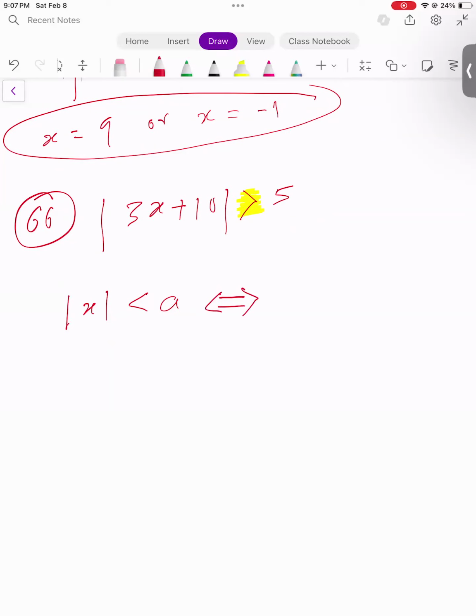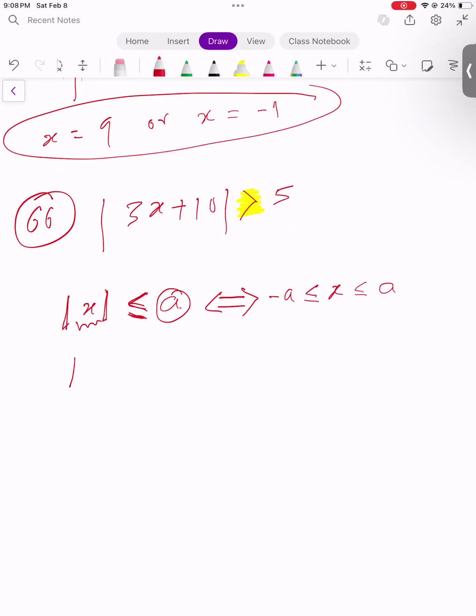If you have less than or less than equals to, this is the same as: you write down whatever you have inside the absolute value, x, greater than or equal to negative of this number, negative a, and less than or equal to positive of this a.